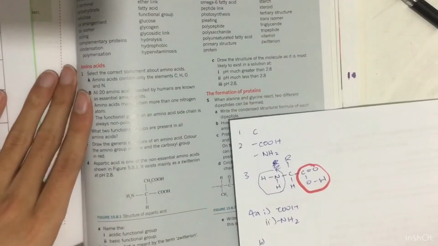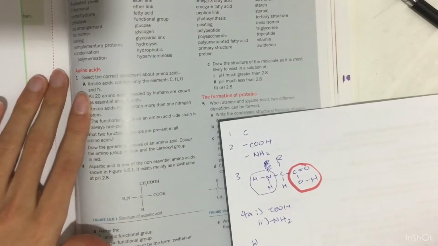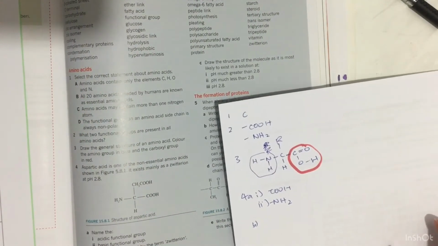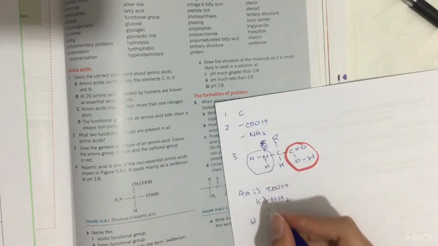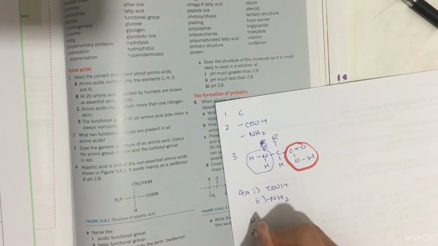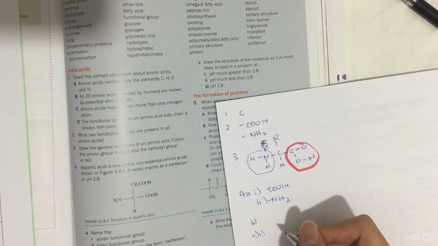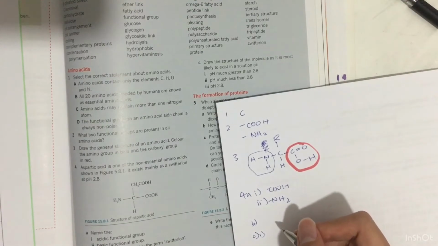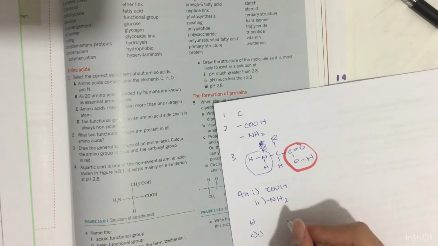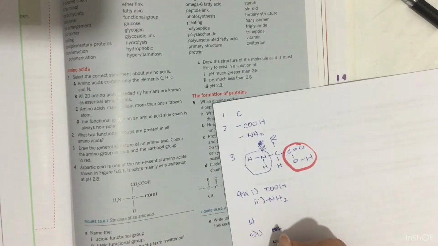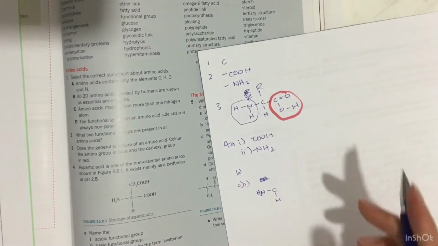Draw the structure of the molecule that is likely to exist in a solution at a pH greater than 2.8. A pH greater than 2.8 is more basic, meaning lots of OHs to take away the H. So since it's already basic, the NH2 stays as it is.